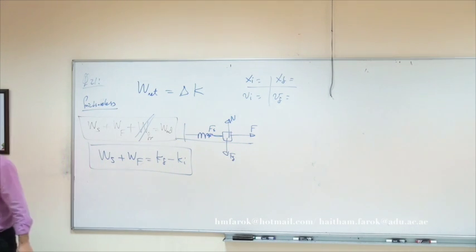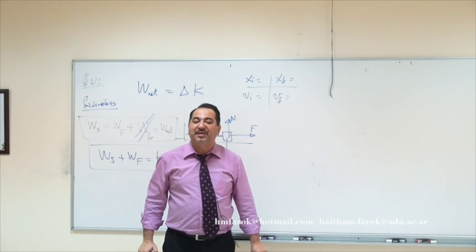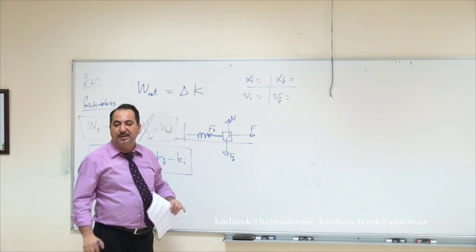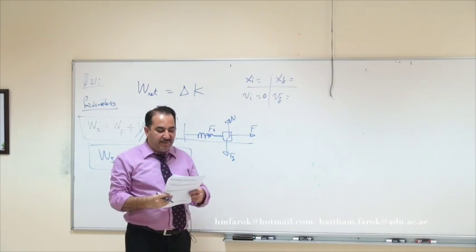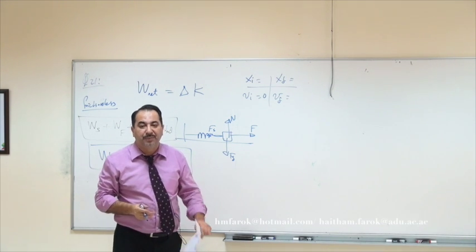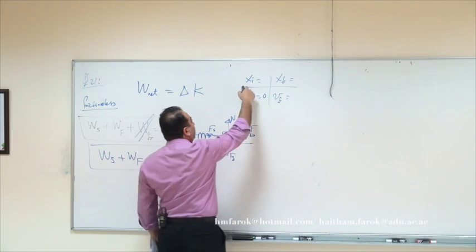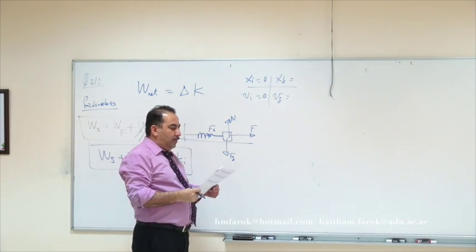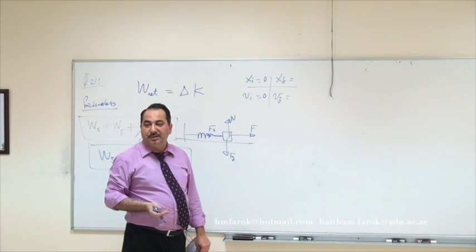In this question, 21, it says the block is initially at rest. So what's the initial velocity? Vi is 0. What else? Initially at rest and at its equilibrium position. So what is the initial position? 0 as well, x initial. Now, the question says, what is the speed when it's at 13 centimeters?